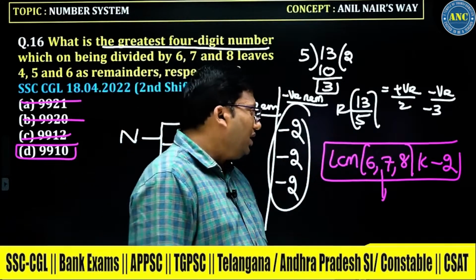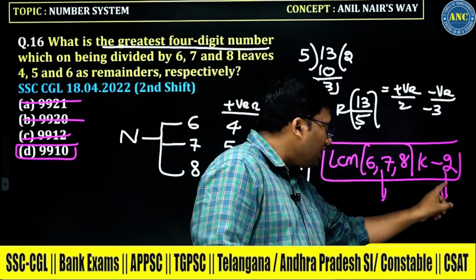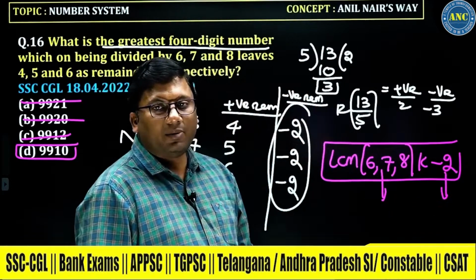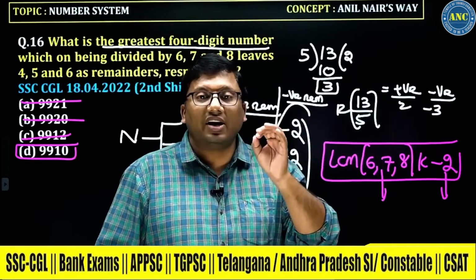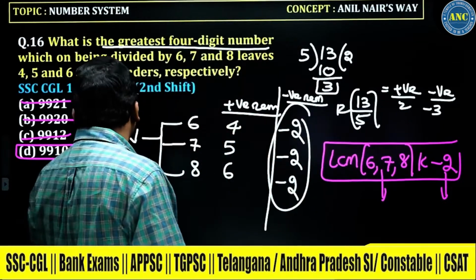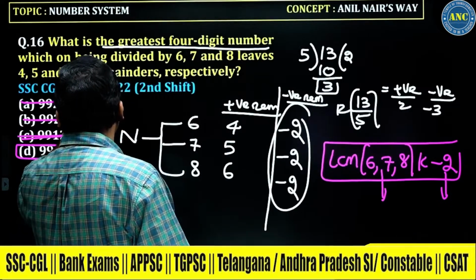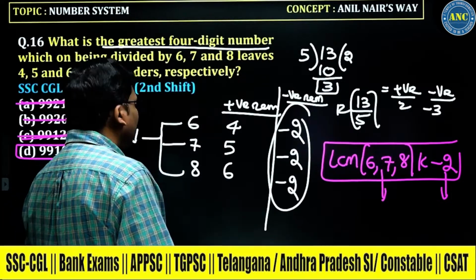The answer when divided by 3 should have positive remainder 1. Here the LCM is perfectly divisible by 3.